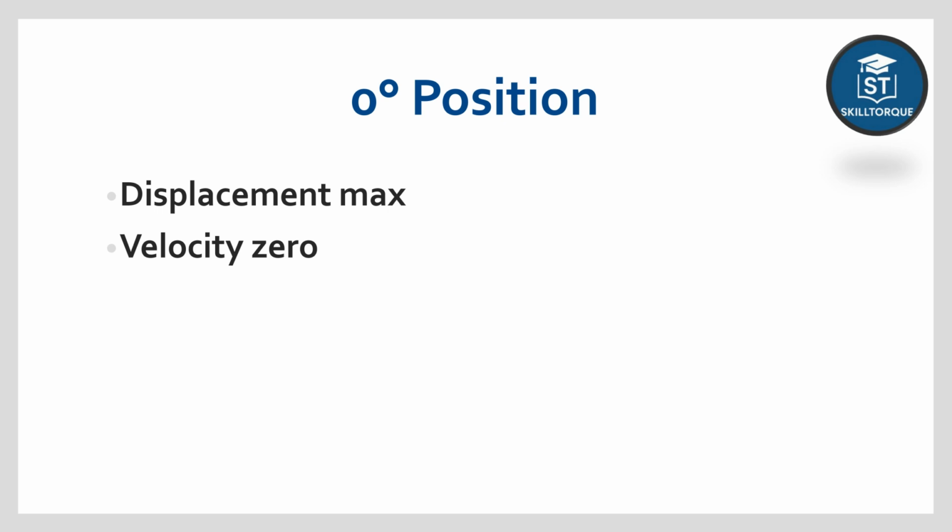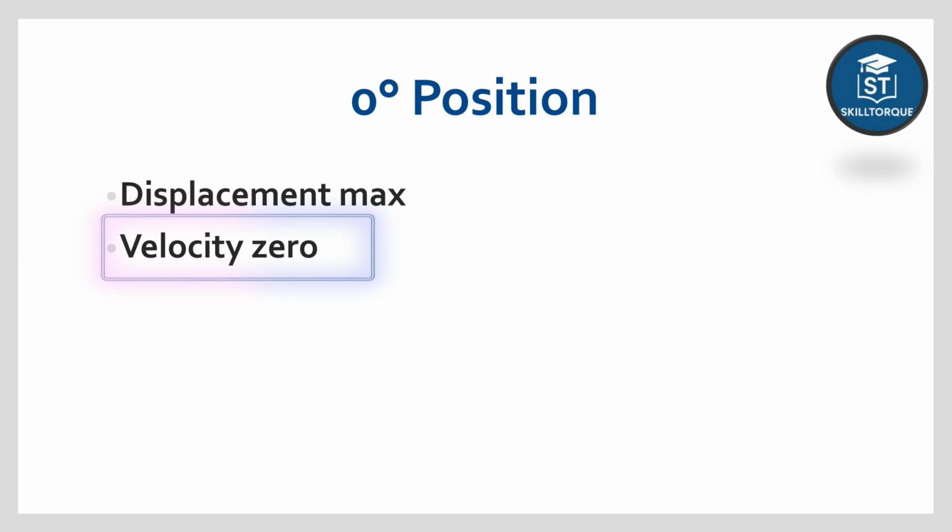This maximum extreme end is the displacement. And at this location, since the shaft is about to change its motion to the other direction, velocity will become 0, right? So at 0 degree, the displacement is maximum and velocity is 0.